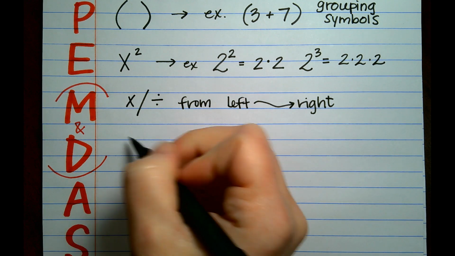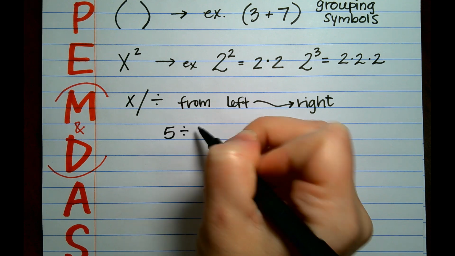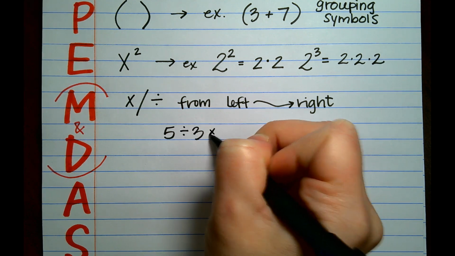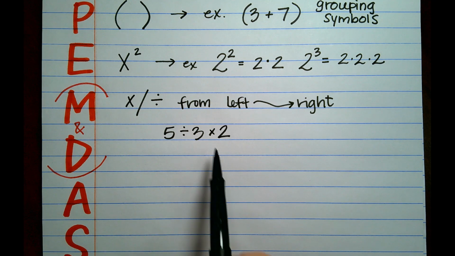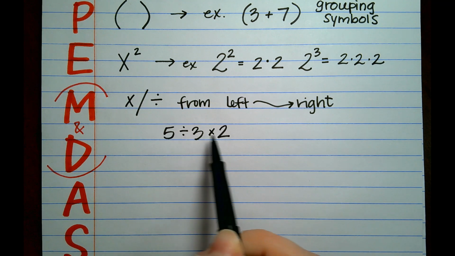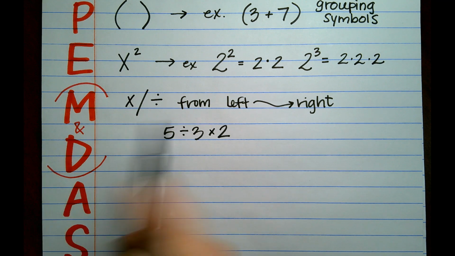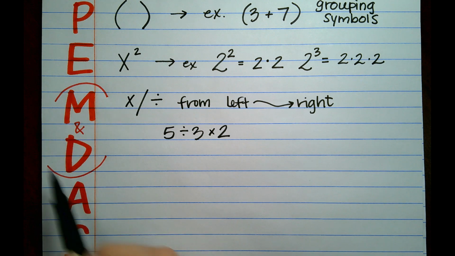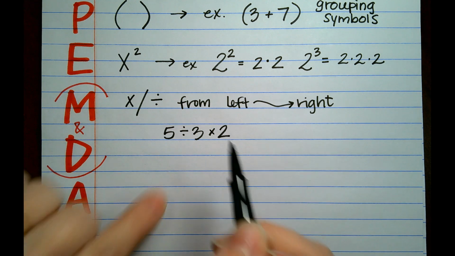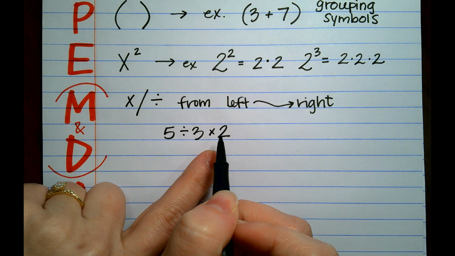Meaning if I had 5 divided by 3 times 2, which operation would I do first? The division. Even though the M comes first in PEMDAS, it's grouped with the D. We're going from left to right. We would do 5 divided by 3 and then times 2.